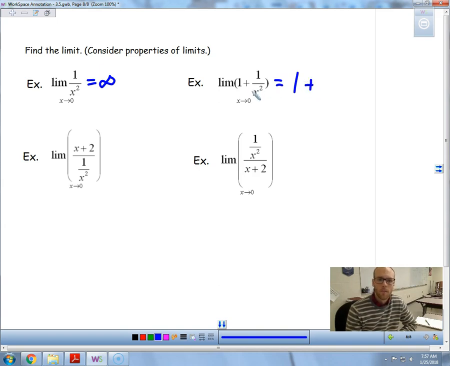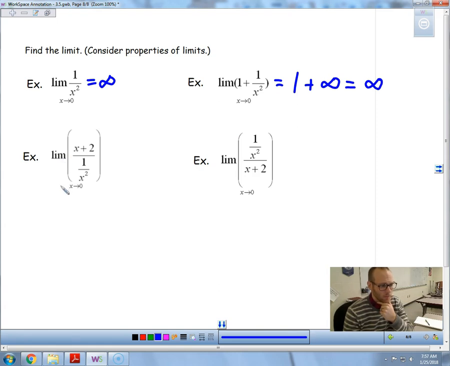What's the limit as x goes to 0 of 1 over x squared? We said that's infinity. So if this is going to 1 and that's going to infinity and we're adding those together, where is this function going to go? That's going to go to infinity. Thinking about transformations of graphs, all we did is take this graph and add 1, that slides it up 1. That doesn't change the fact that that's going to infinity.